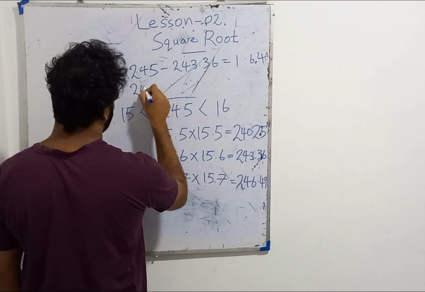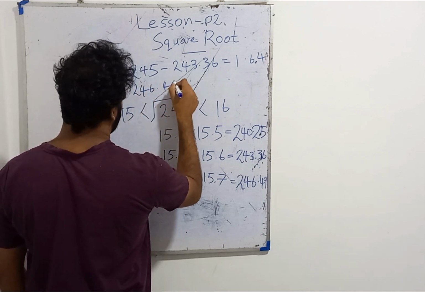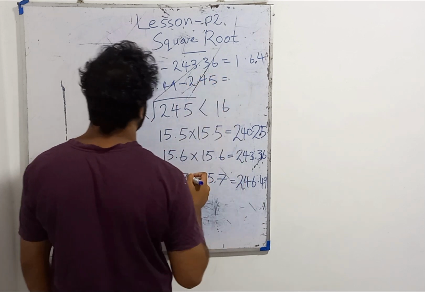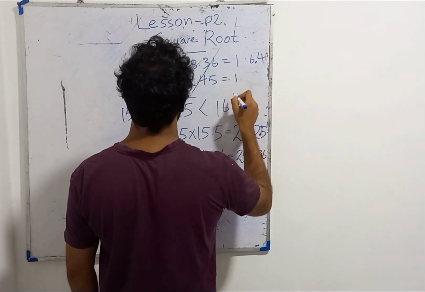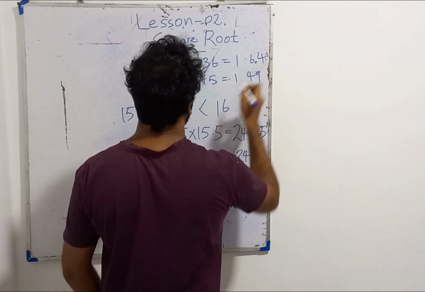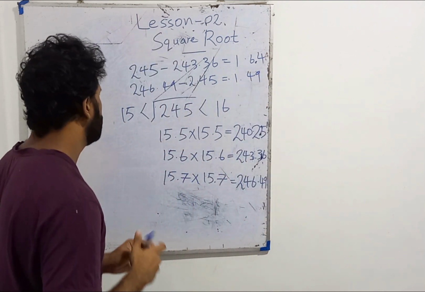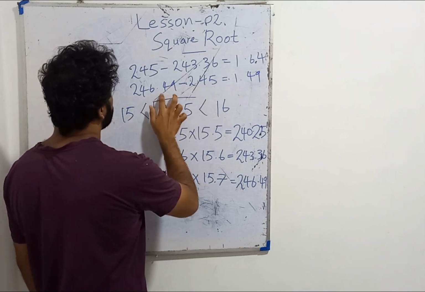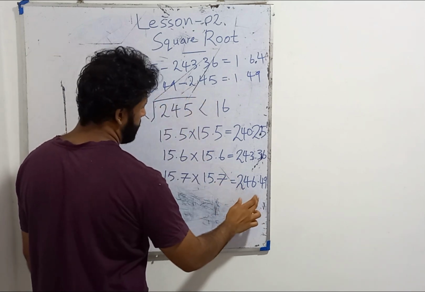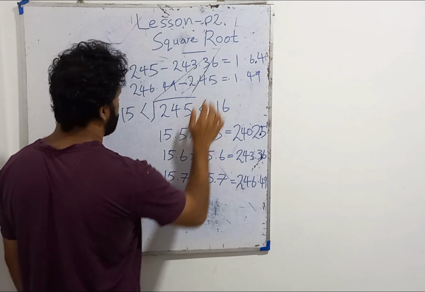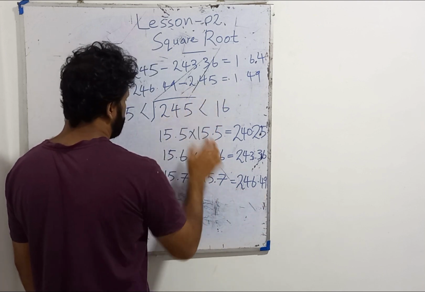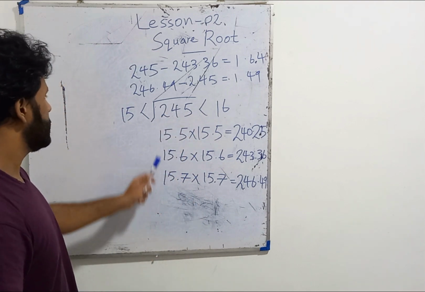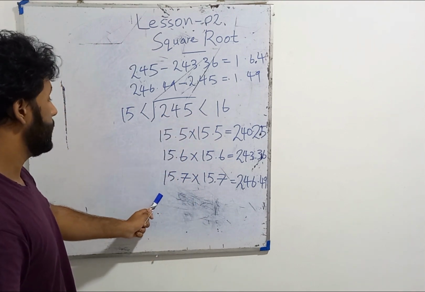Then 246.49 minus 245 is 1.49. So 246.49, which is 15.7, is actually more close to 245. Then the first approximation of 245 is going to be 15.7.